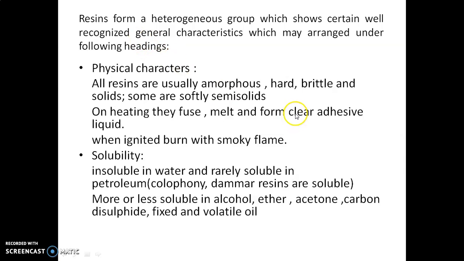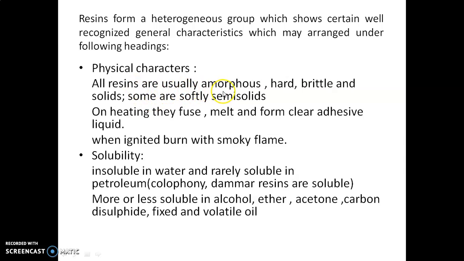Let's see the properties of resin. Resins form a heterogeneous group which shows certain well-recognized general characteristics which may be arranged under following headings. So first we will see the physical characteristics of the resin. Some of the characteristics are already mentioned in the definition.